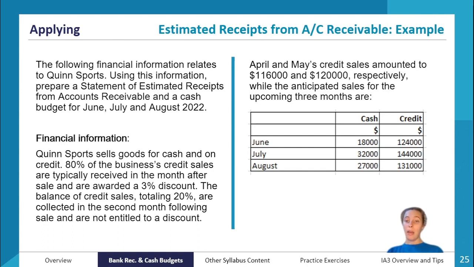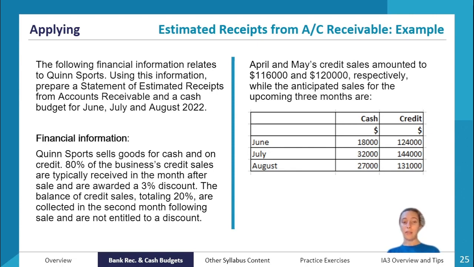In April and May, our credit sales amounted to $116,000 and $120,000 respectively, and these are our anticipated sales for the upcoming 3 months, and we've got that divided with cash and credit there for June, July, and August.